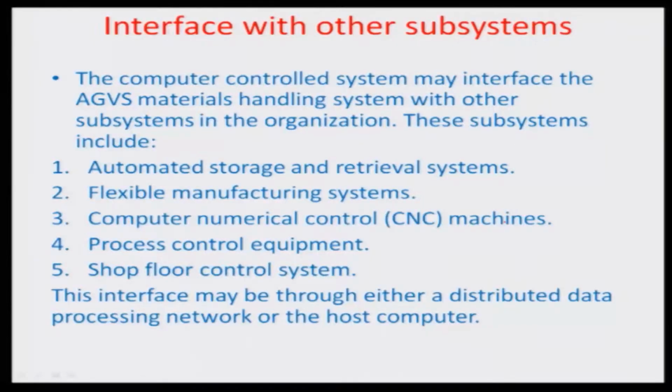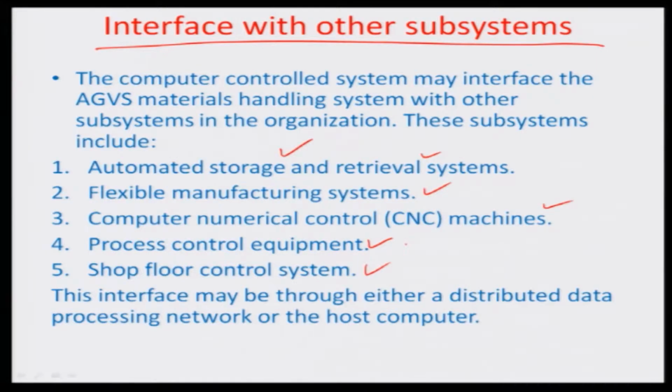So having said that, there is obviously going to be an interface of the automated guided vehicle system with the other systems, subsystems which are available. These include automated storage retrieval systems, the ASRS, flexible manufacturing systems. Sometimes there are CNC machines, so they need an interface with these machines. They also need an interface with process control equipment and various other shop floor control systems which are available.